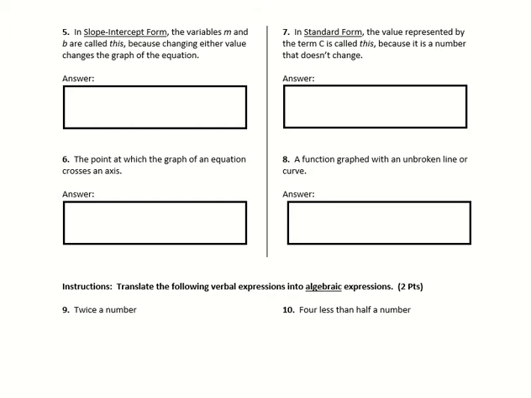The point at which the graph of an equation crosses an axis. Number 7. In standard form, the value represented by the term c is called this because it is a number that doesn't change. Number 8. A function graphed with an unbroken line or curve.